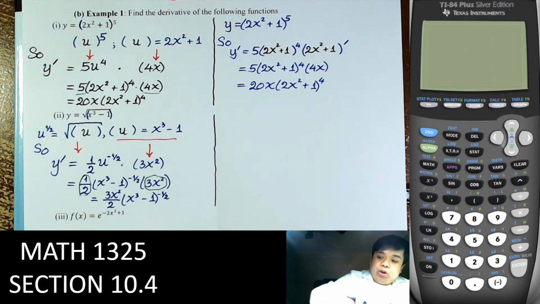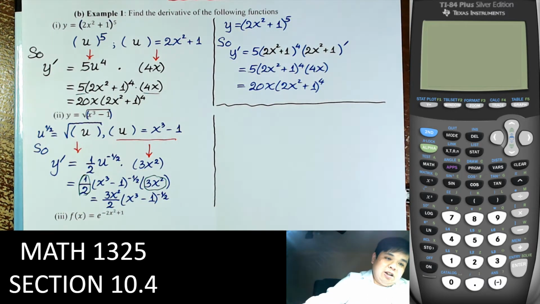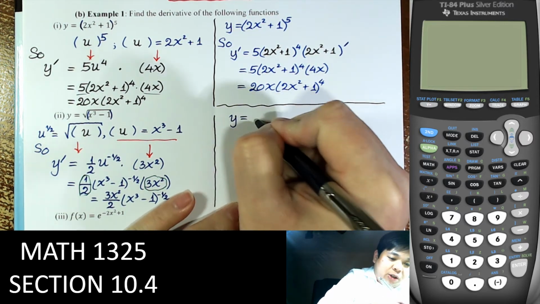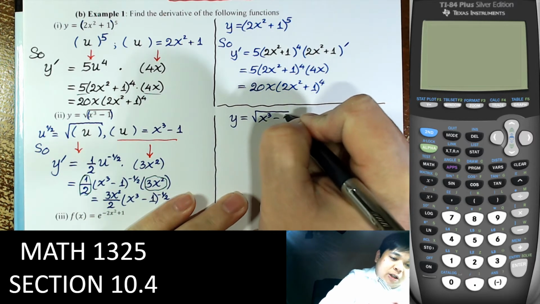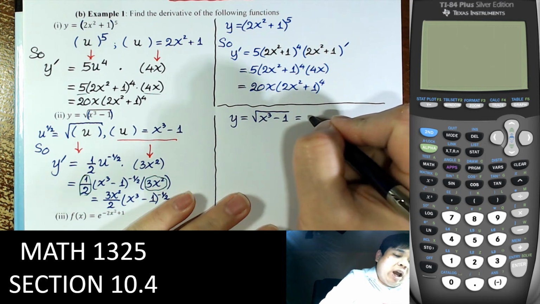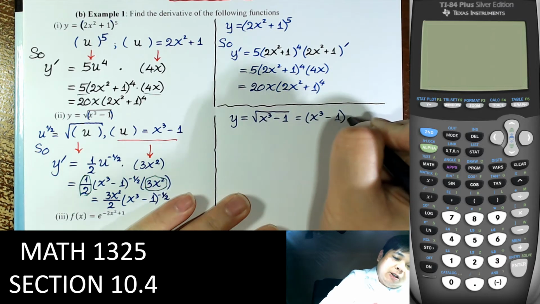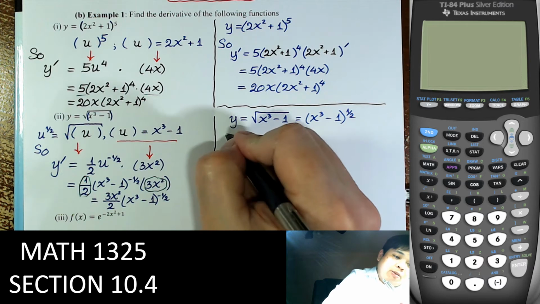Now again, I'm going to do it just using the parentheses here, and rewrite it. y equals square root of x cubed minus 1. Since we're going to use the power rule anyway, I will write the square root as the 1/2 power. Now we take the derivative in that form.